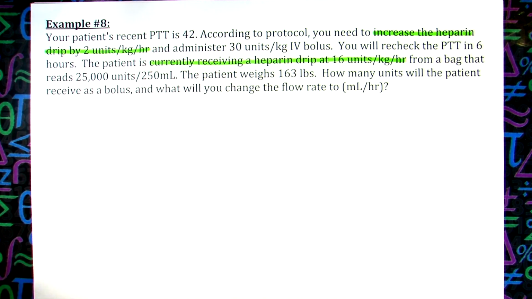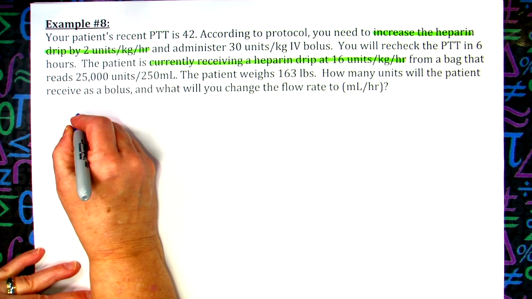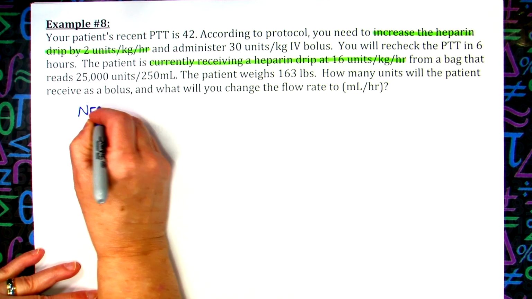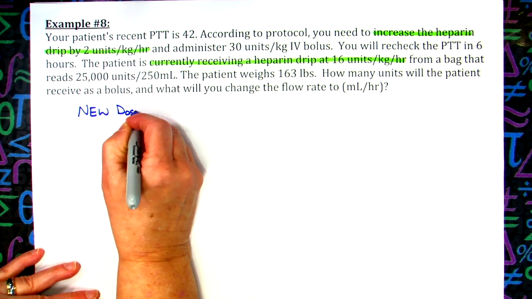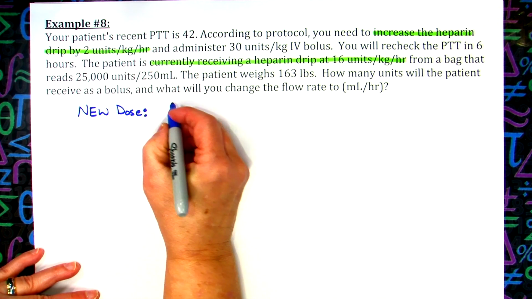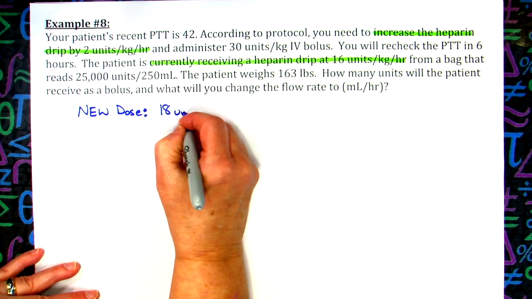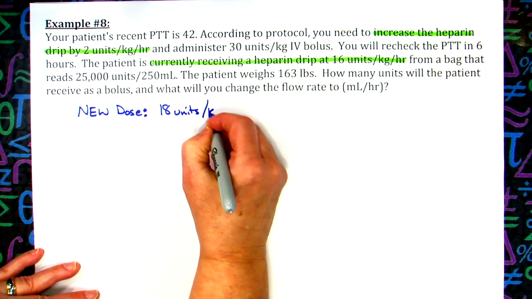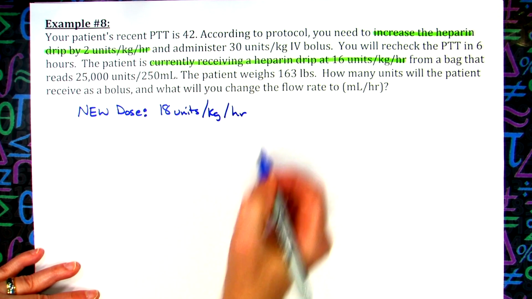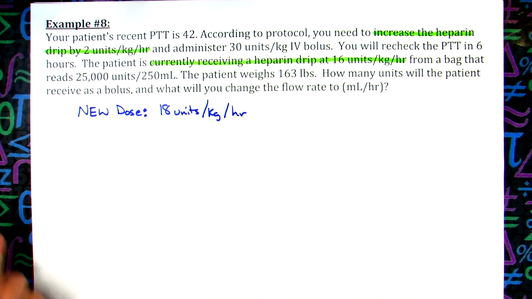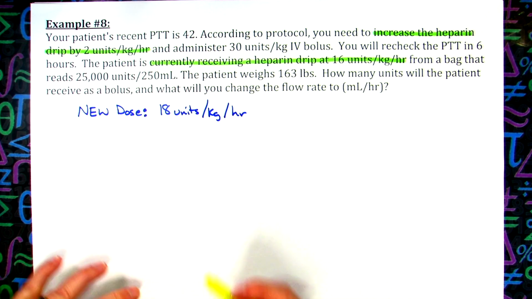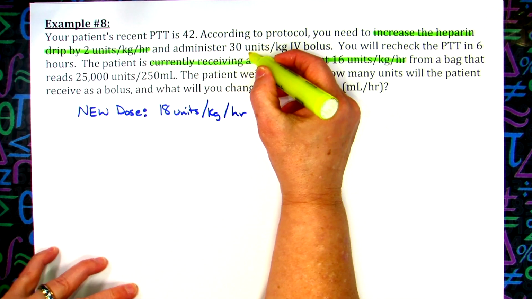Okay, so let's go ahead and write all of our information down here. So our new dose that we're calculating here is going to be 18 units per kilogram per hour. Now the bolus that we need is 30 units per kilogram.